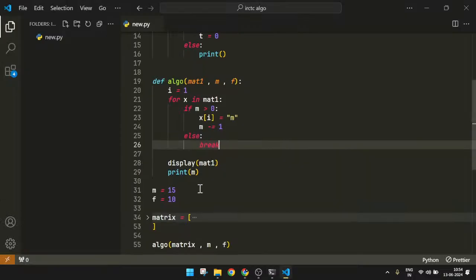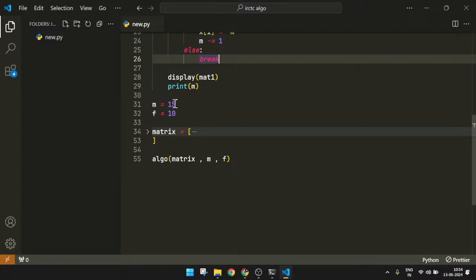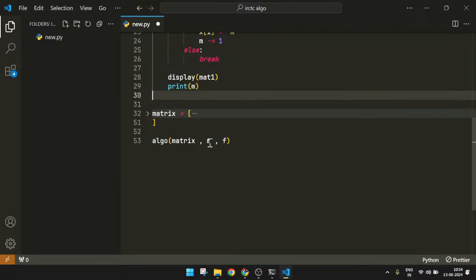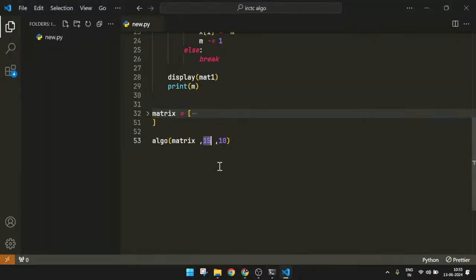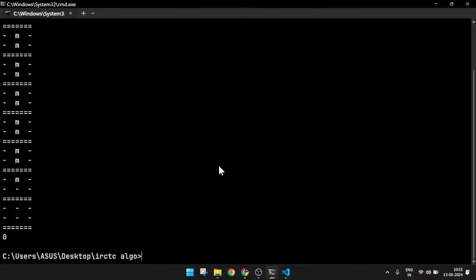Okay. What if I increase the number of males? For example, what if I increase the number of males to 25? 7 males are still there.